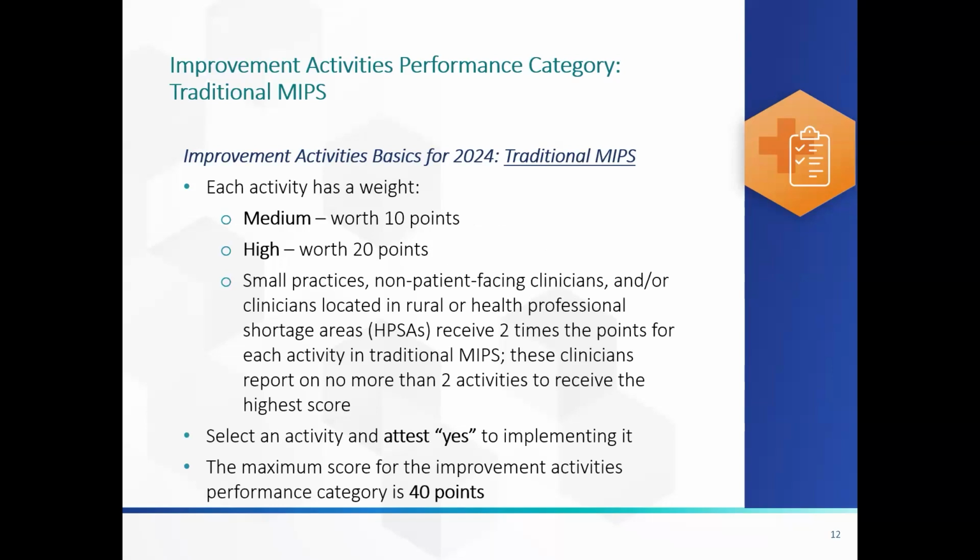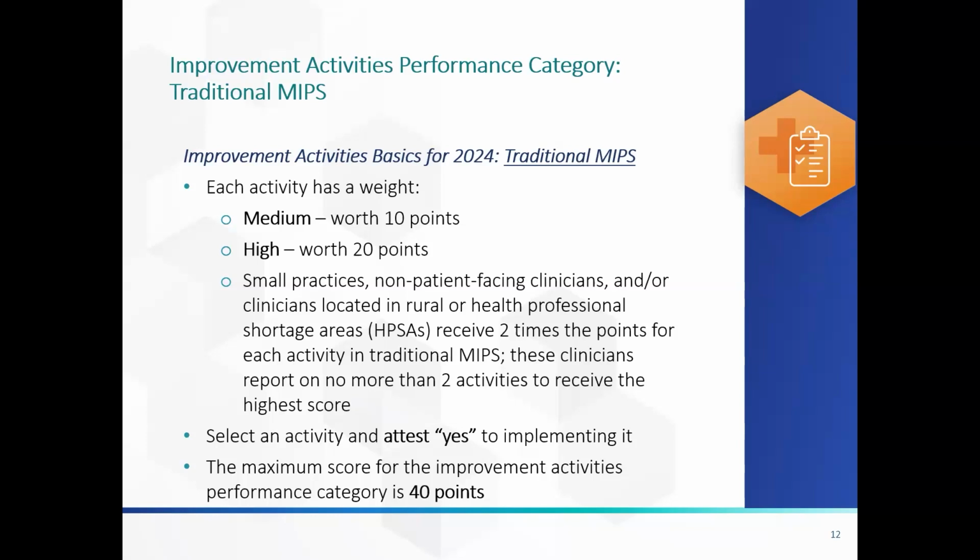Small practices, non-patient facing clinicians or clinicians located in rural health professional shortage areas, or HPSAs, receive 2 times the number of points for each activity in traditional MIPS. These clinicians report no more than 2 activities to receive the highest score. In order to achieve credit for an improvement activity, you need to select the activity, attest yes to implementing it.